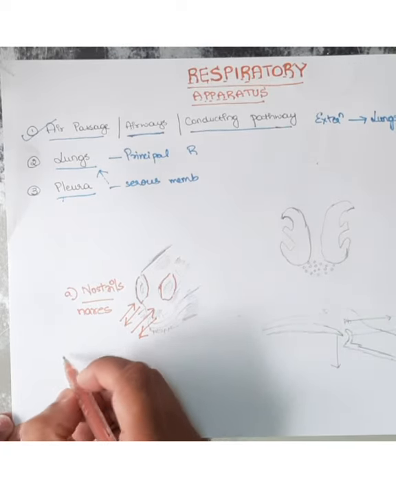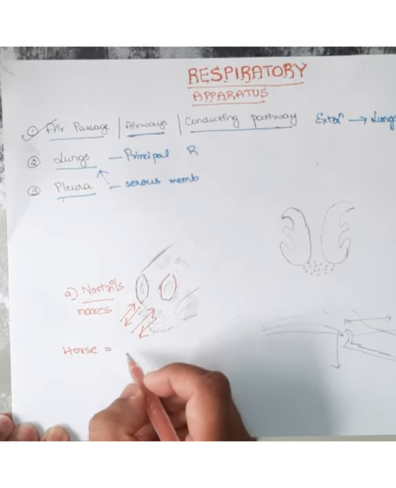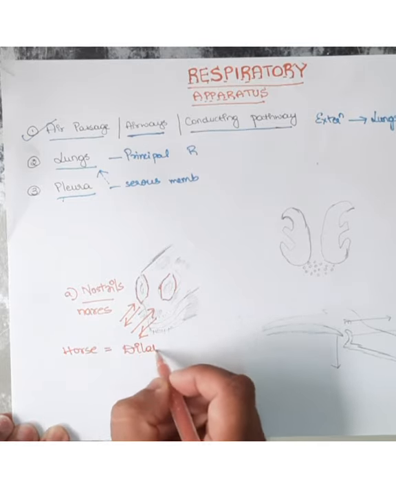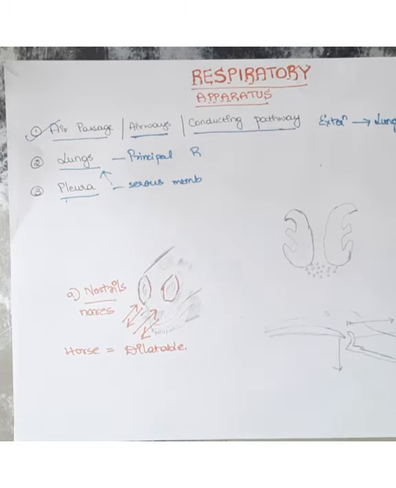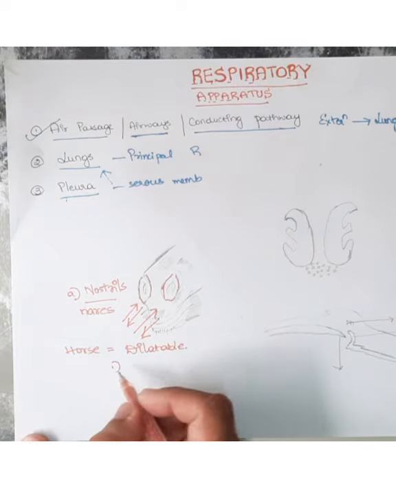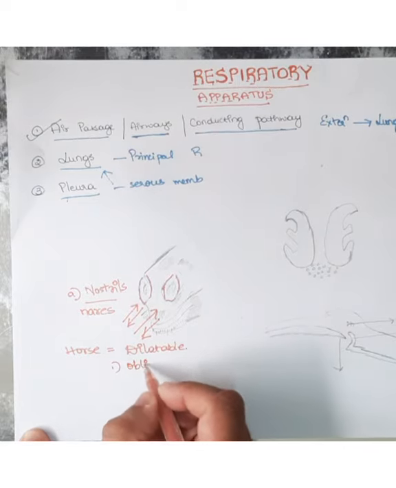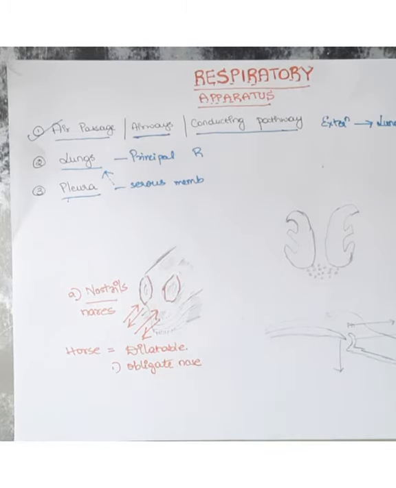Most importantly, in case of horse, these are dilatable. They can increase in diameter. It is most important in case of a horse because, number one, horses are obligate nose breathers. They only breathe through the nose.